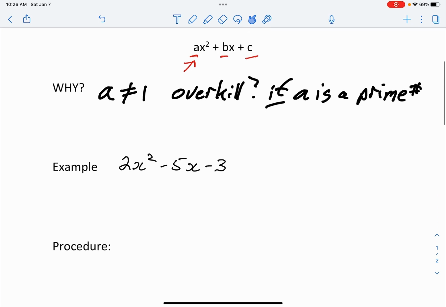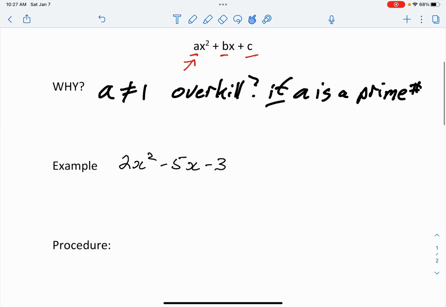Okay, so procedure. First of all, remember what our different letters are, right? Here is our A. Here's our B. And here's our C, right? So A equals 2, B equals minus 5, and C equals minus 3, right? Okay.